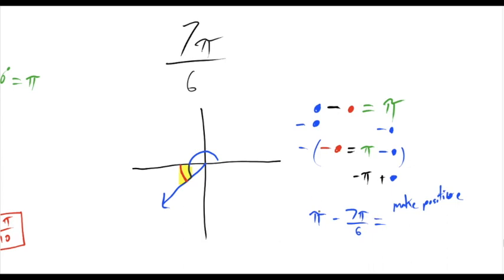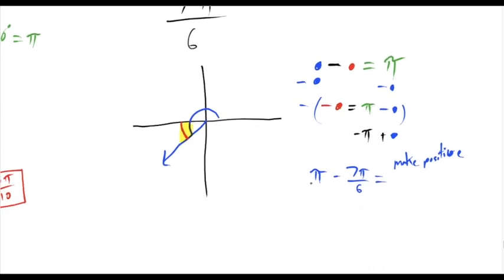So we can add or subtract these things. I need a common denominator. So this would be 6 pi over 6 minus 7 pi over 6. And 6 minus 7 gives me negative 1 pi over 6. And this is what I'm saying about making it positive. So your final answer is just pi over 6.